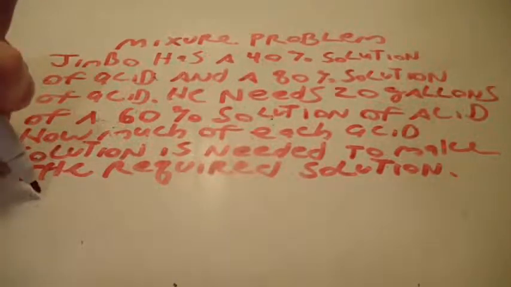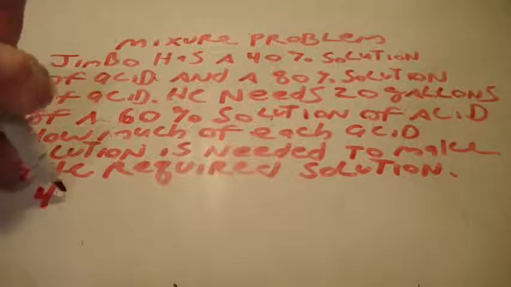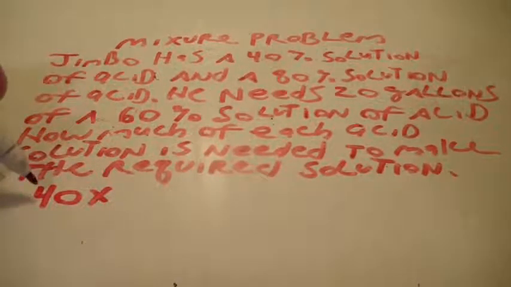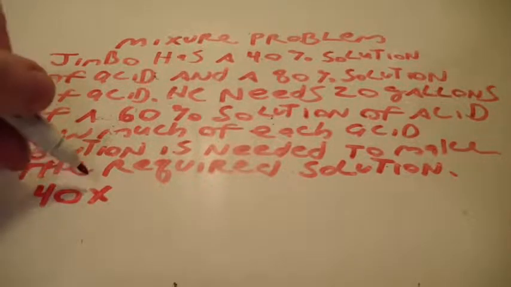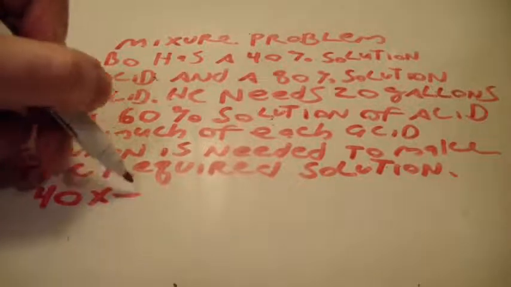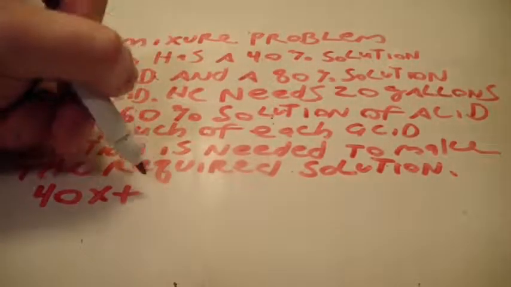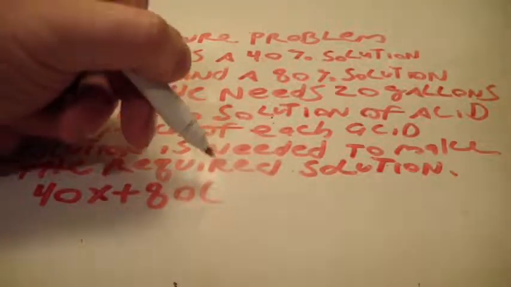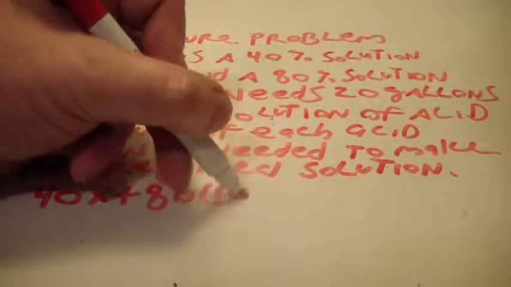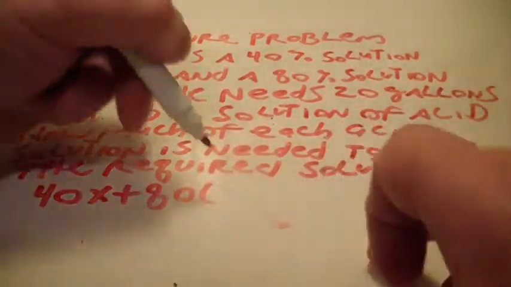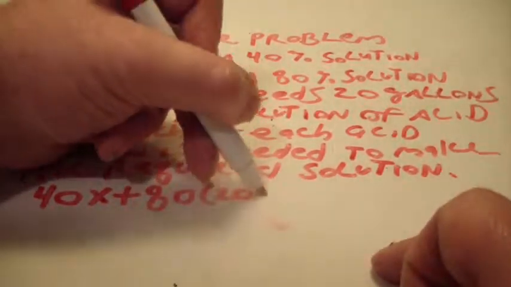So you simply go 40x, right? Because that's the percentage. X is the amount you need, but we don't know what that is. Plus the other ones that you have, at 80% acid solution times 20 minus x, right?